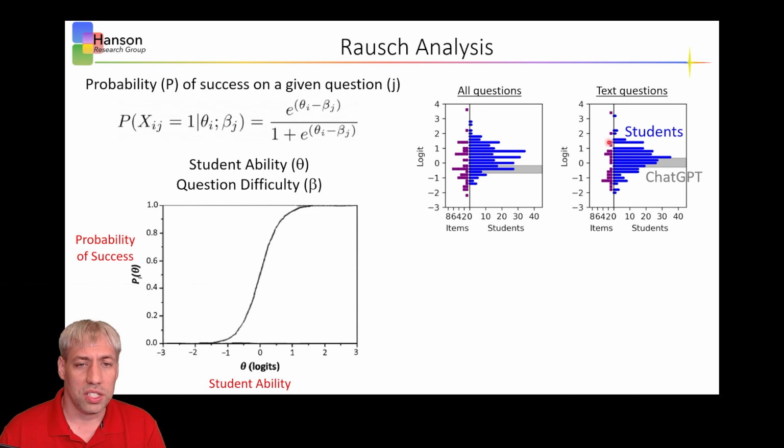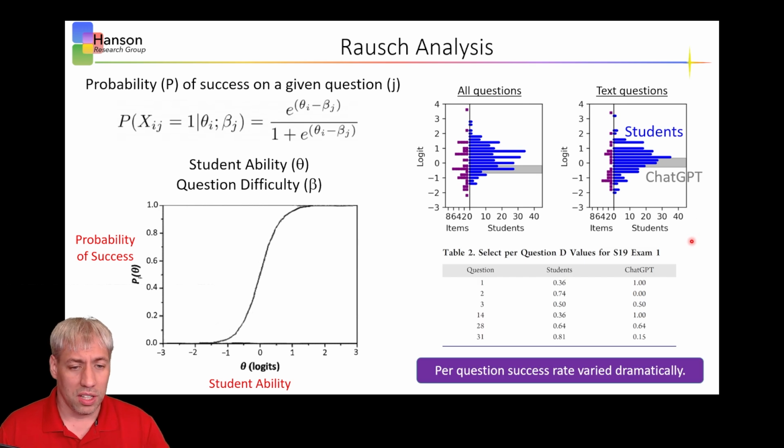This is for all questions, and here it's for the text-only questions. Fitting the ChatGPT outcomes, we see they're in this gray region: below average student ability on all questions, near average student ability on text-only questions, which is similar to what we saw in the raw percentages. That alone didn't give us any insights into ChatGPT having some kind of unique behavior.